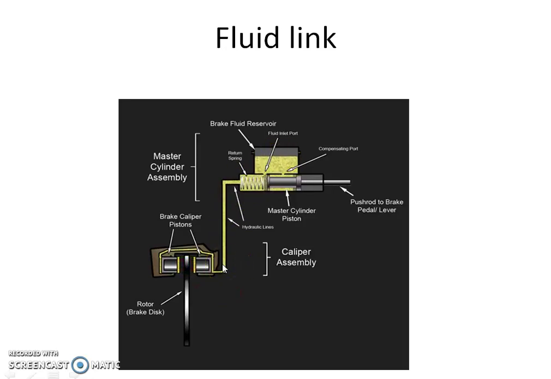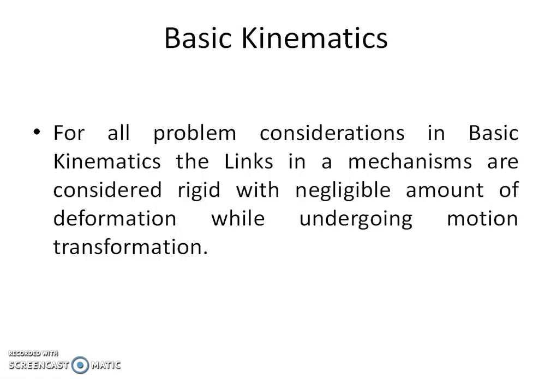So it forms a link between the piston cylinder and the second piston cylinder arrangement or caliper arrangement. So this can be taken as a fluid link. For the basics of kinematics, we limit ourselves to considering only rigid links, which have a negligible amount of deformation while undergoing motion transformation. This is done to simplify the learning curve.